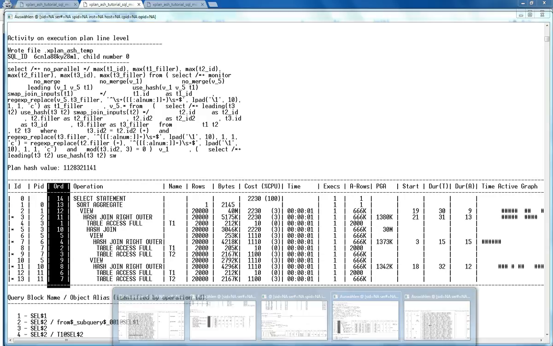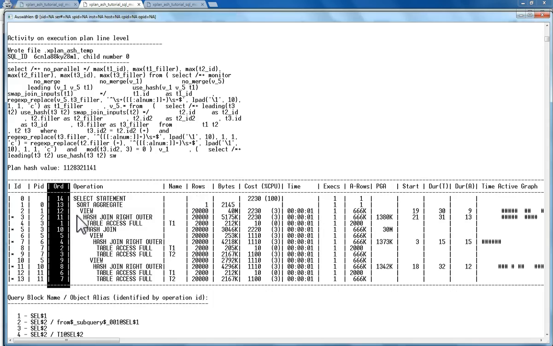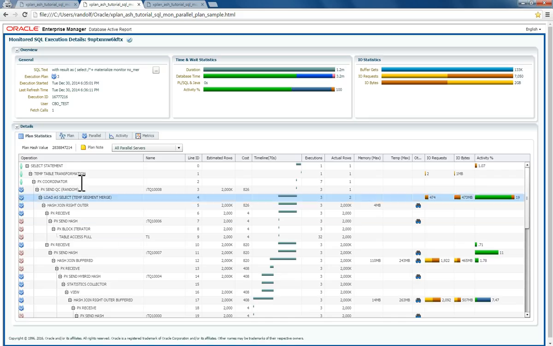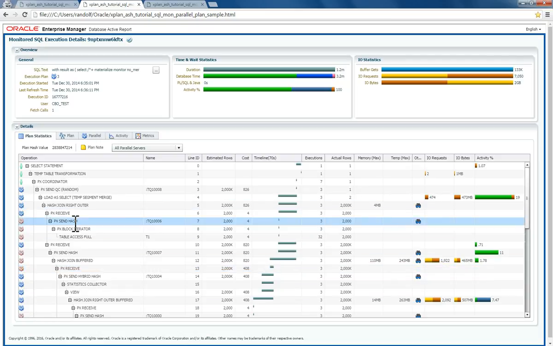This active column would contain a marker that highlights the execution plan lines that were active, I think, during the most recent 10 seconds. It's basically what you also get from real-time SQL monitoring. If you do a real-time SQL monitoring, it will also highlight which execution plan lines are currently active.